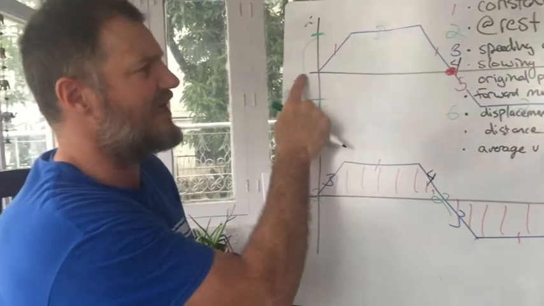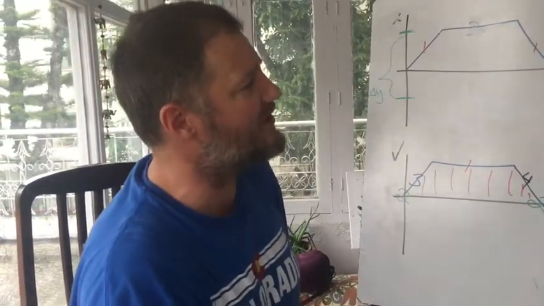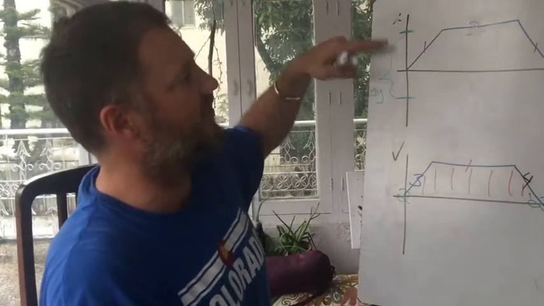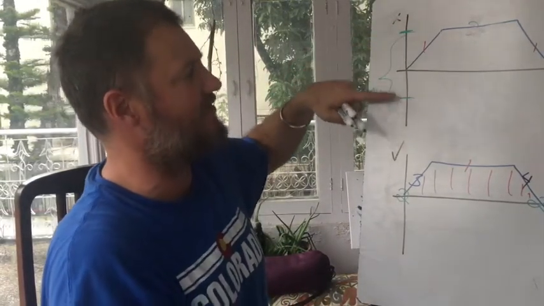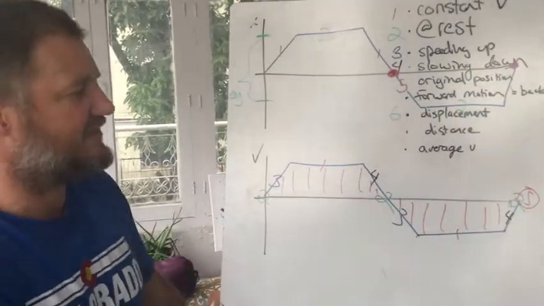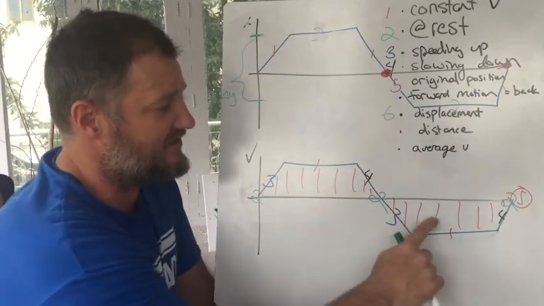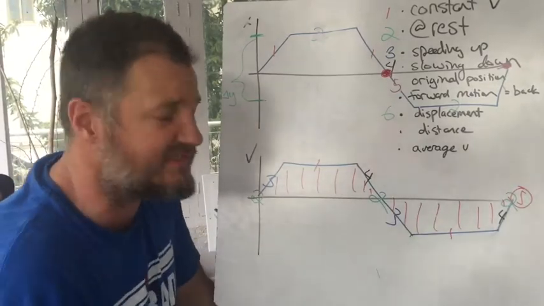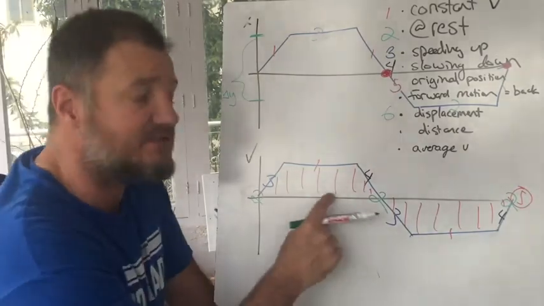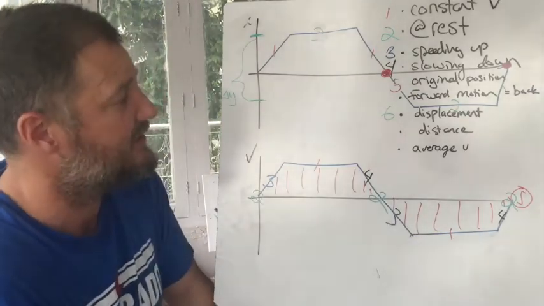But the displacement actually is 0 on this one. Or it might be approximately 0, because you go forward, then you go back, and then you go backwards, and then you go forward, and you end up at the same spot. Looking at the displacement covered here, if this is a positive quantity and this is a negative quantity, it could be that the displacement is 0. But the distance here, these would both be positive quantities. You have to add them up together.